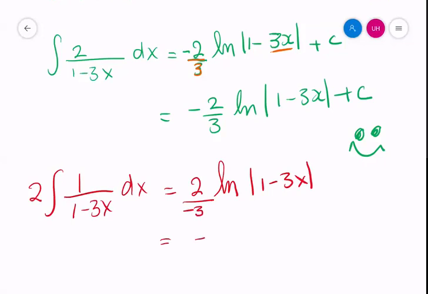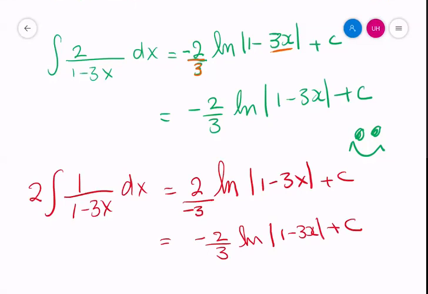So it is minus 2 over 3 ln 1 minus 3x plus c. Is that better? Yes. Right.